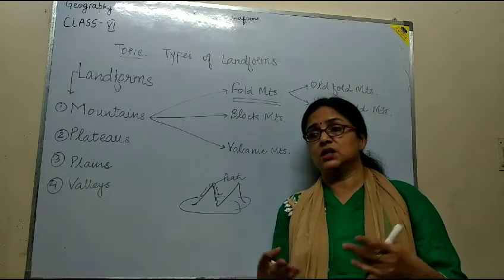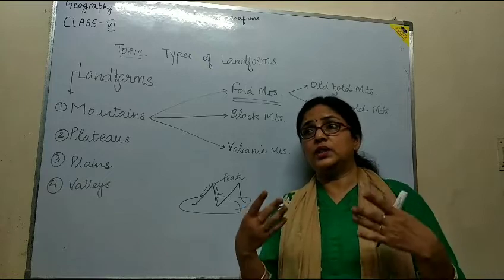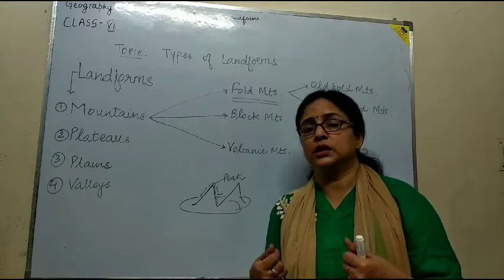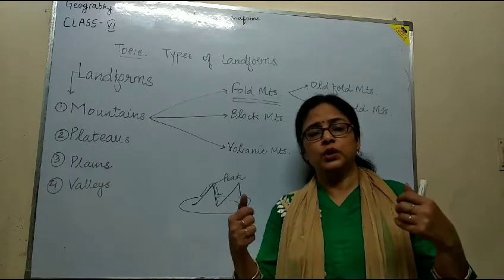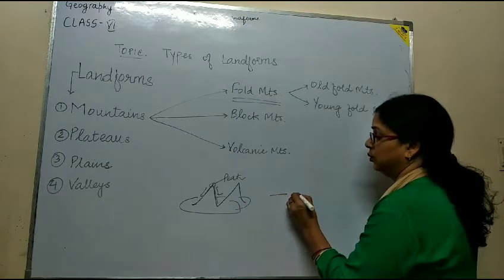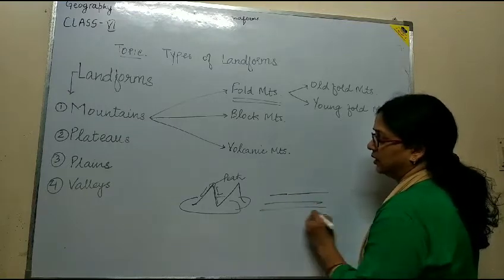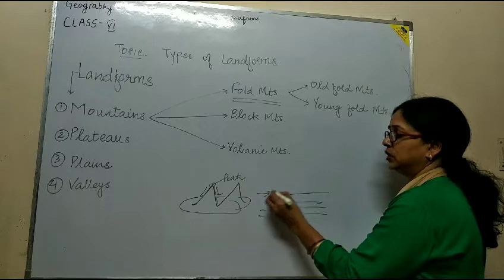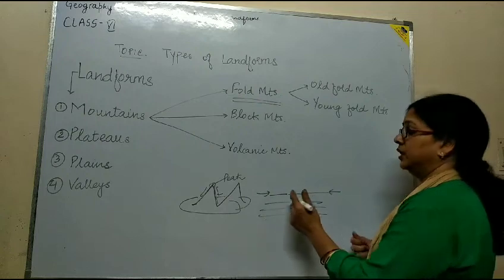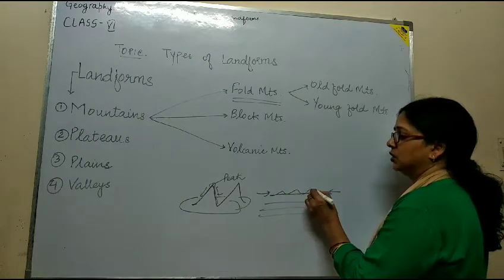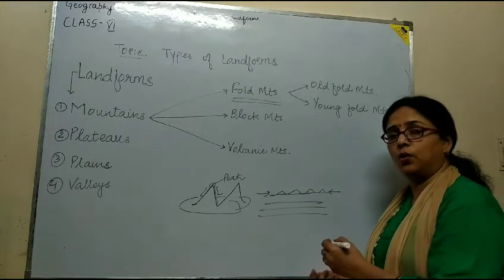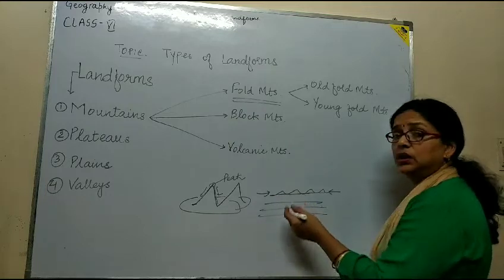When such stress is initiated, the rock is subjected to compressive force, and because of the compression, you can better understand, these are the layers of the rocks, and when the stress comes from both directions, from opposite directions, it results in wrinkles on the earth's crust, along the weak lines.